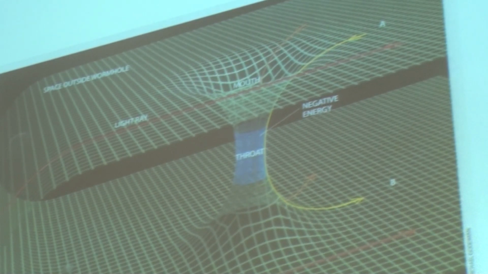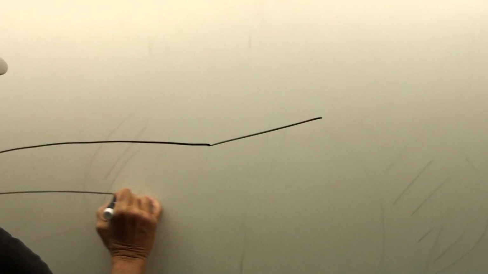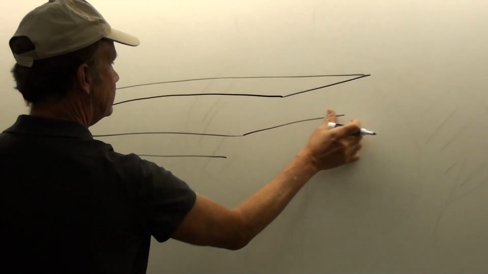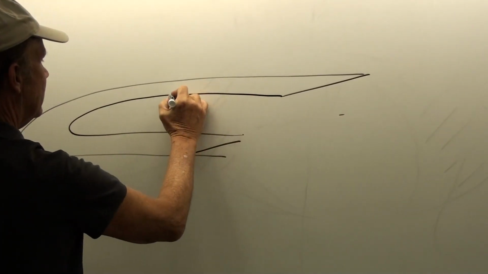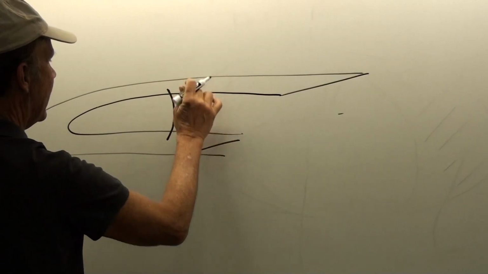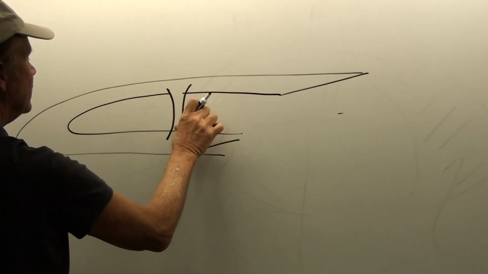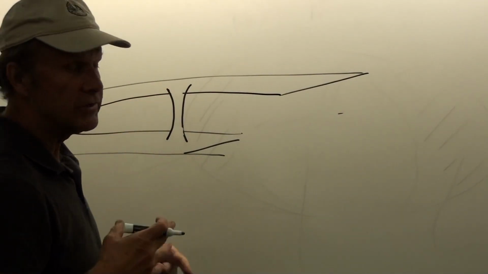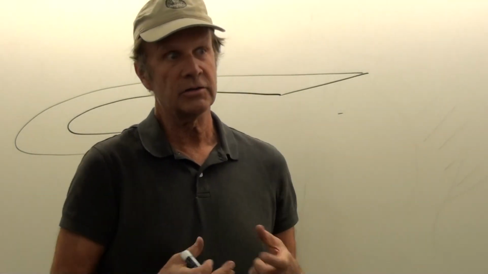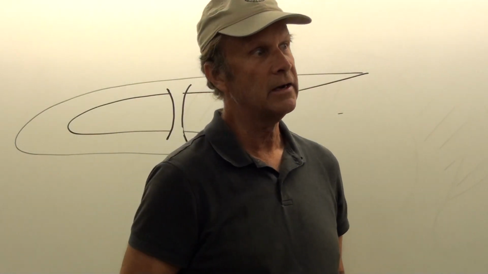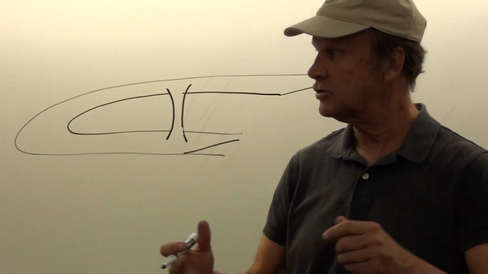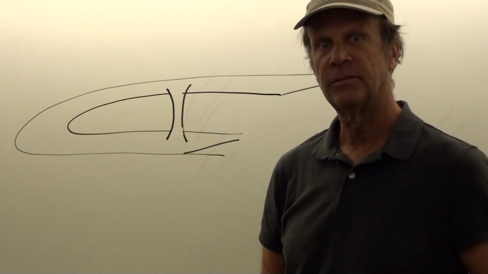Okay, so the idea with this is that, again, you need some kind of a curved space. And then you would bridge that gap. Now, how would you make this wormhole? Well, we're not really sure. Some people think that we might be able to take a microscopic wormhole, which are just randomly being generated all the time, according to some ideas in quantum physics, and just magnify it to macroscopic dimensions.